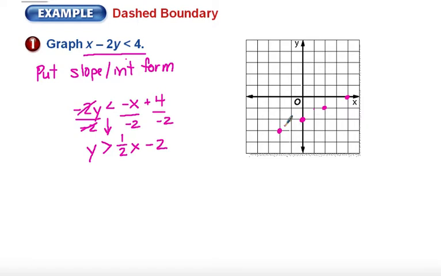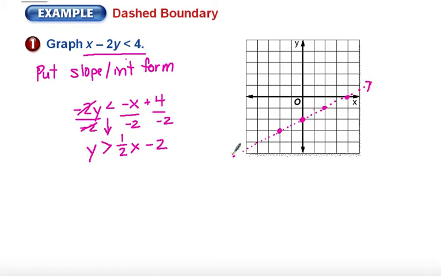Now, up to this point, I do everything the same as an equation. What I'm going to do differently, because I'm not including the values on this line, this is going to become an imaginary boundary. So I'm going to actually connect this with a dashed line because I don't want any values on this line because all of my y values are greater than.